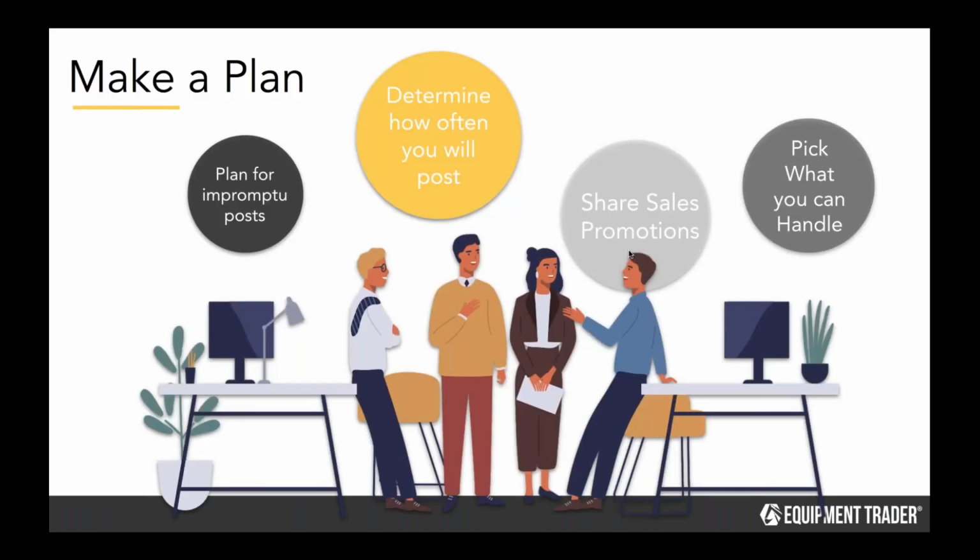But once you have that, what we can do is tell you how to get it all started. You need to start out with a plan. It is going to mean that you are going to have much more of a chance of success. One of the easiest ways to plan for posts on social is to create a schedule or a calendar. Followers are going to be looking forward to seeing regular posts.